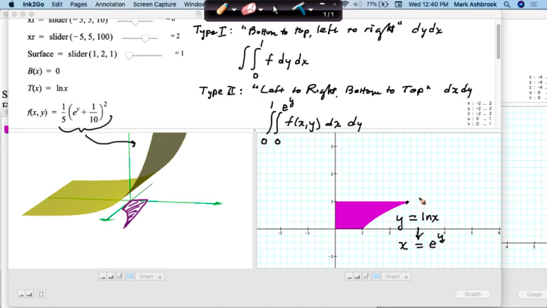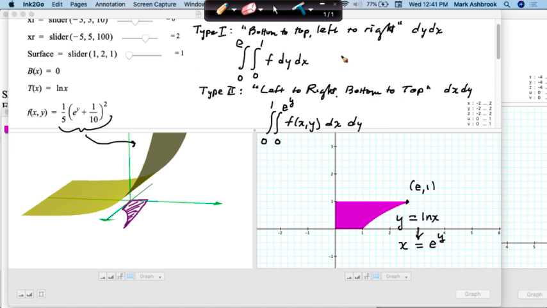So is the type 1 0 to 1, 0 to e? Is that right? Christian says no. Why not? Don't you have to get the first region?